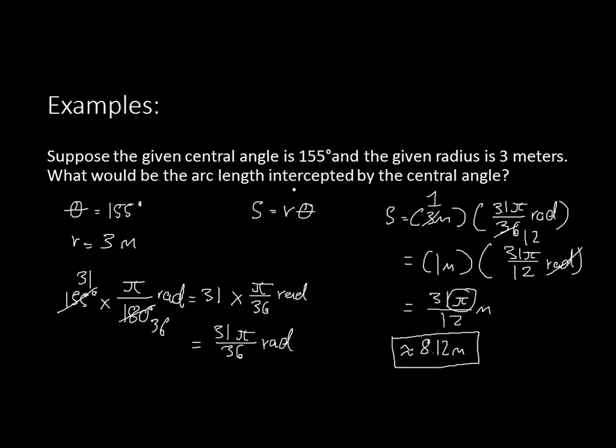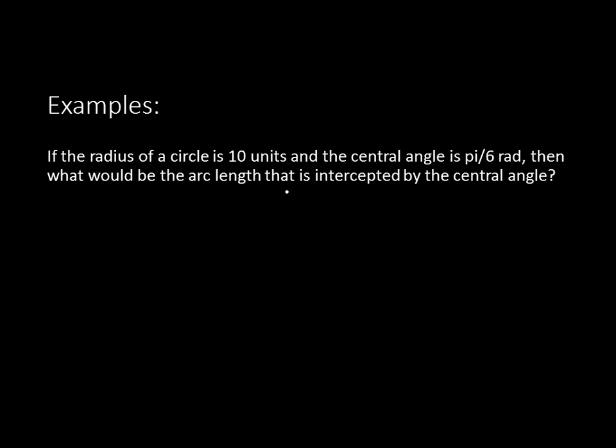Let's have another example. If the radius of a circle is 10 units and the central angle is pi all over 6 radian, then what would be the arc length that is intercepted by the central angle? All right. So if you're going to draw it visually, the central angle is pi all over 6 radians.